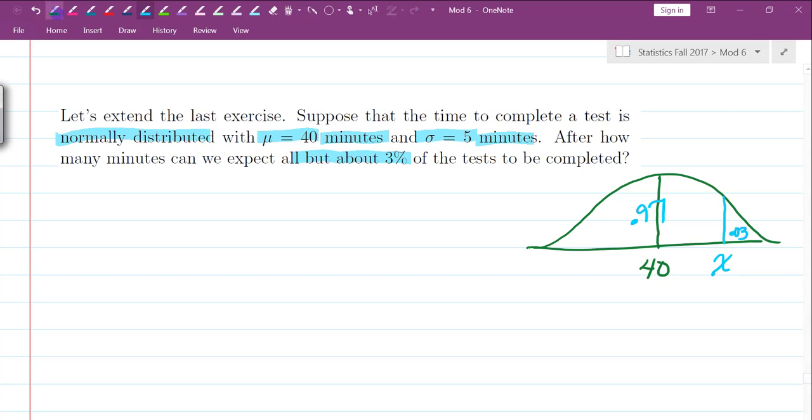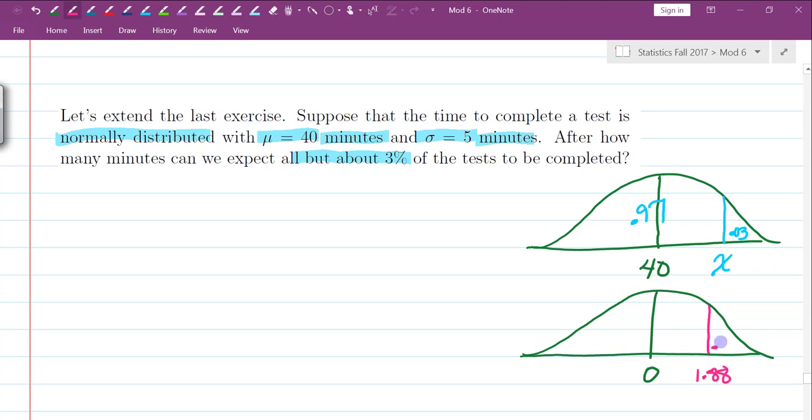So let's draw our standard normal to match our current question. Our mean goes in the center. When we looked this up before, we found that we have a z of 1.88, and that told me that I had 3% still underneath the curve here, or 0.03, and this area underneath the curve was 0.97.